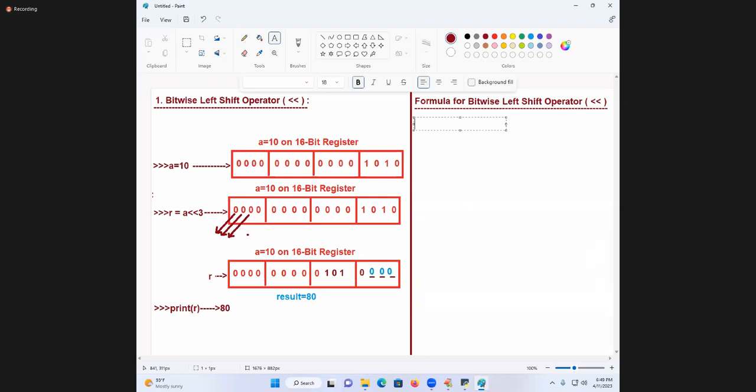I'm taking that result is equal to given number into number of bits. This is called the formula, like a syntax. Even I can write under syntax. What is the syntax here?